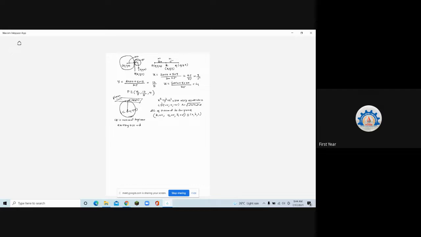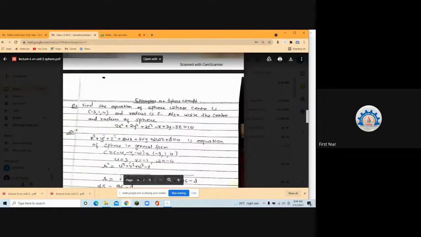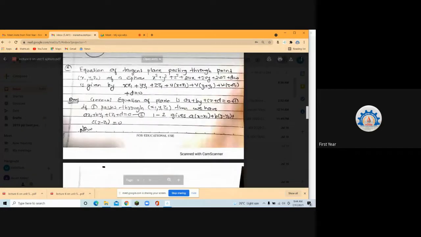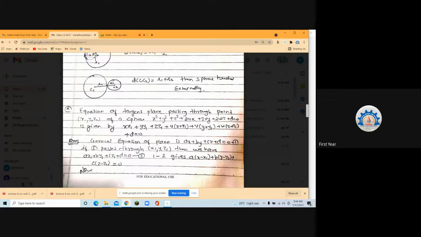Now, previously, the equation of a plane in the form when you know a point, I just showed you what we have written. That equation was a into x minus x1 plus b into y minus y1 plus c into z minus z1 is equal to 0.